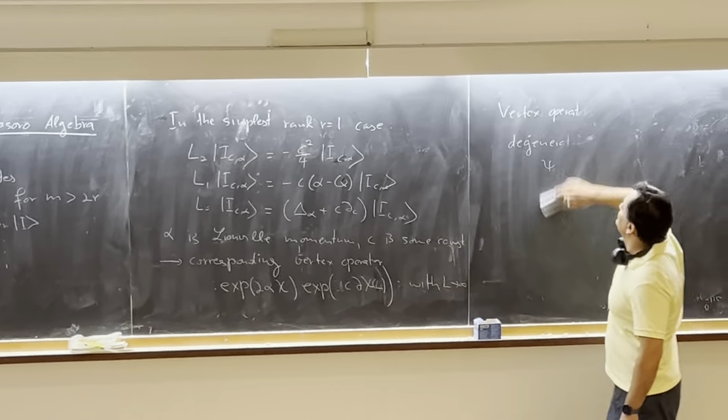So the action here will be more complicated, and you can actually check this ansatz by computing the OPE of the energy momentum tensor with these operators, and check that you indeed get the correct result. For example, for rank 1 you get these, and for higher rank you get the corresponding generalizations with several parameters C and so on. So you basically check this by computing the OPE with the energy momentum tensor.